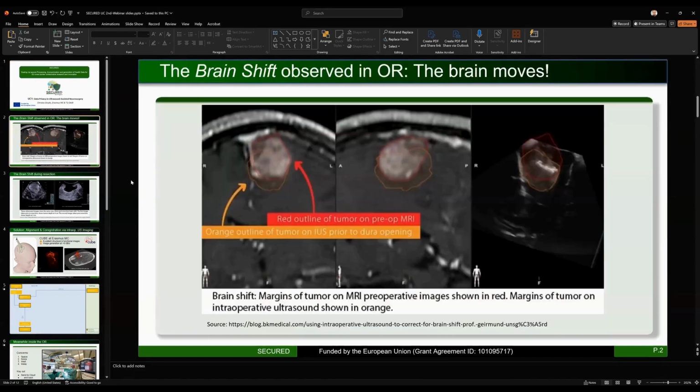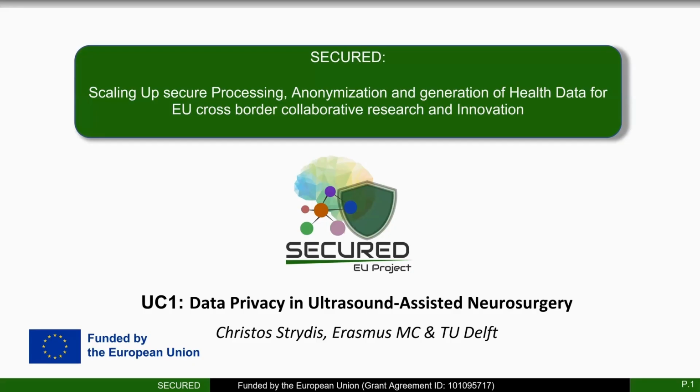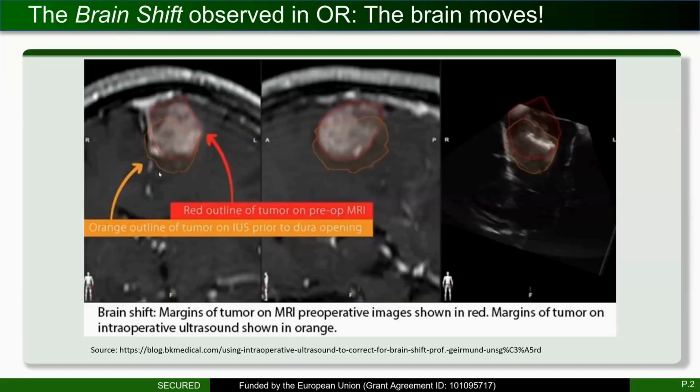We have a famous problem known as brain shift. There are tons of problems in the OR, but this is a famous one in neurosurgery.